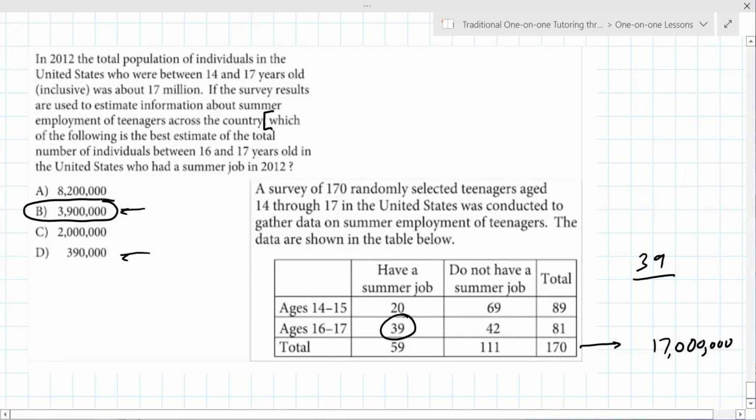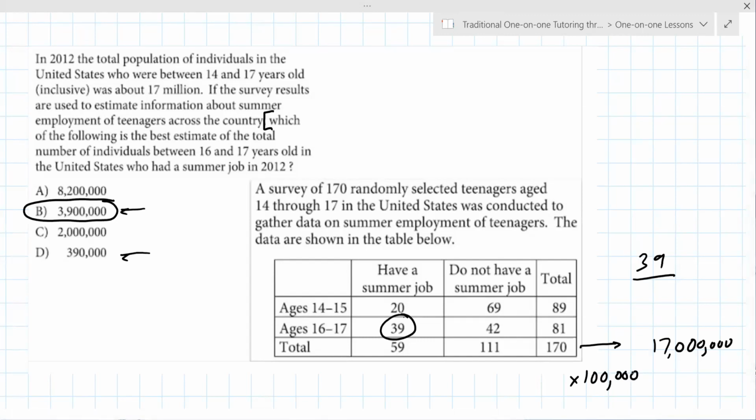So it would be B. Yeah, it would be, but it's 170 times 100,000 to get to 17 million. But the important thing is that you were able to get it down to two answers without much effort.